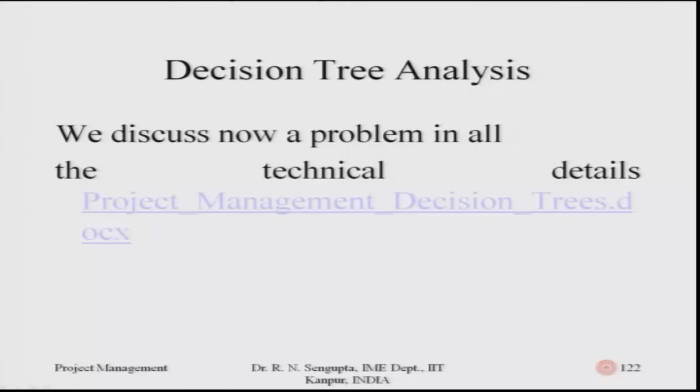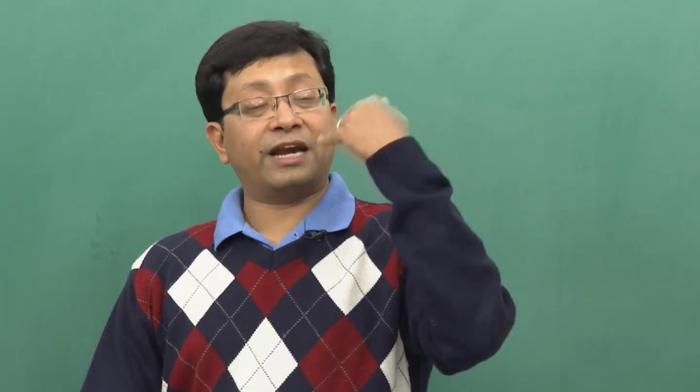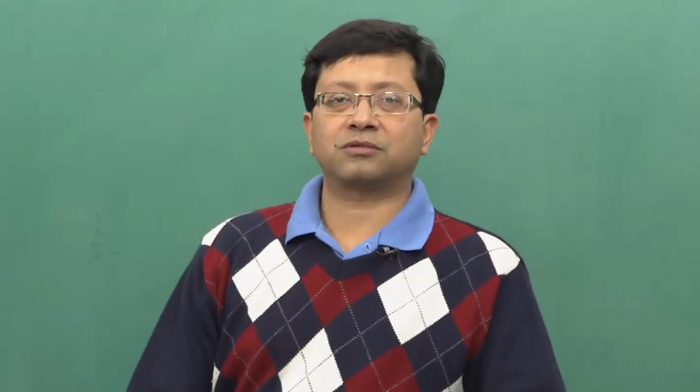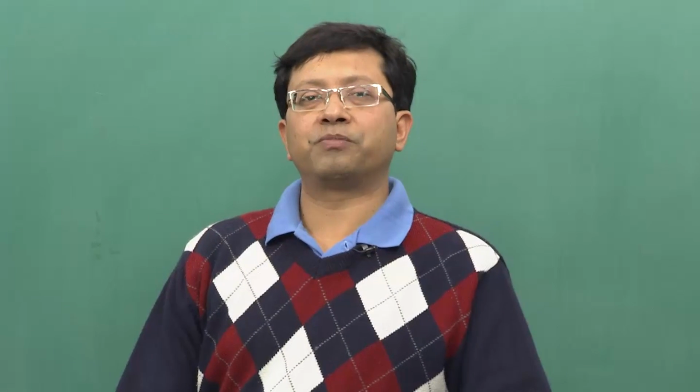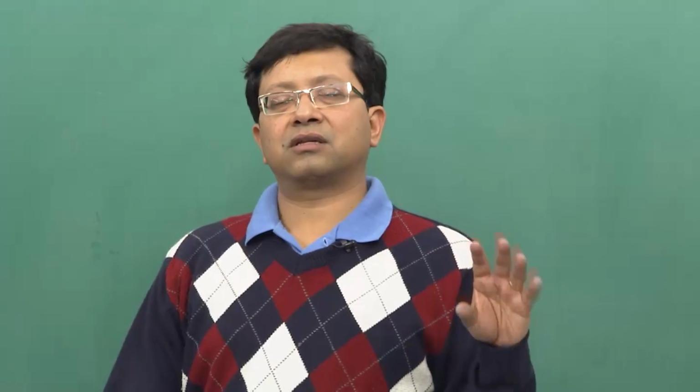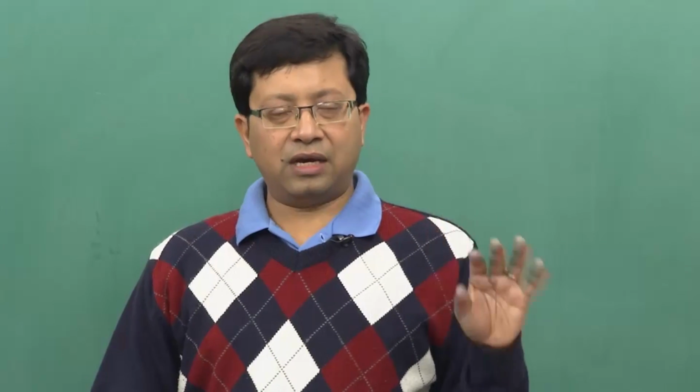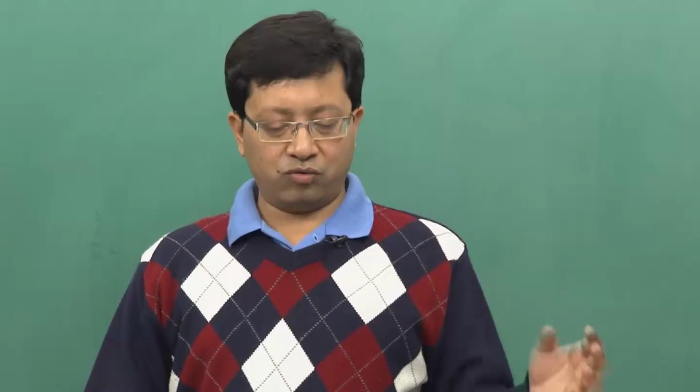So, we now discuss a problem before going to the theory. We will discuss the problem because this will give you an idea of how decisions and expected values work, and later on when we consider different concepts of utility, it will give you a good picture of how it can be utilized. So, we will consider the problems in a holistic framework where probabilities and values are given.